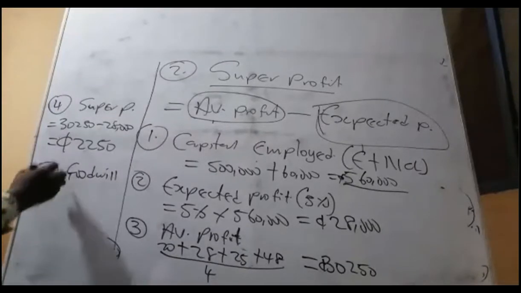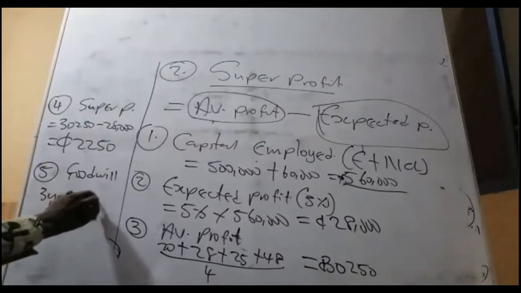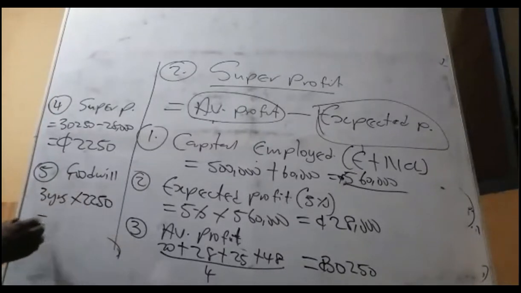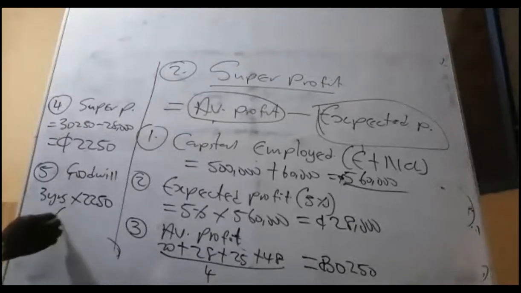Therefore the goodwill will be 3 years times 2,250. And that will give us an answer of 6,750. Perfect. So 6,750.